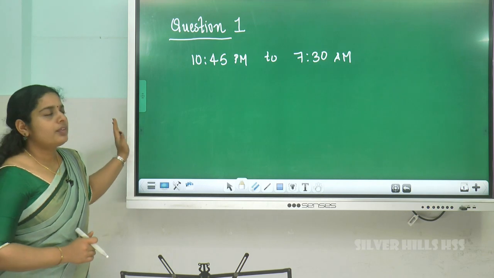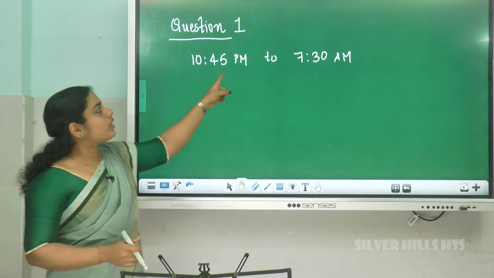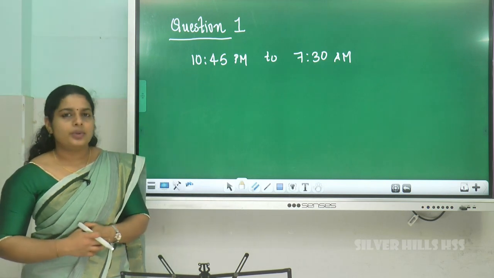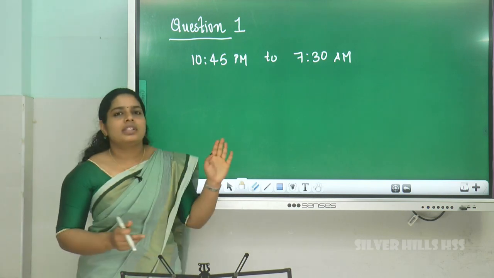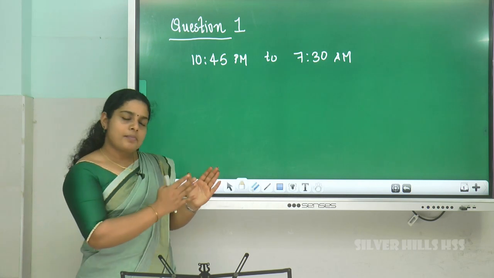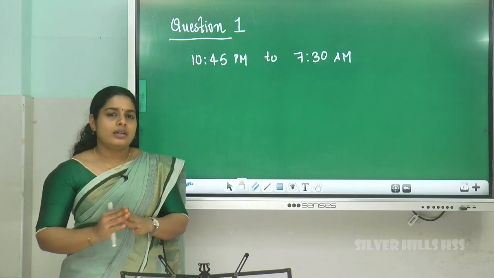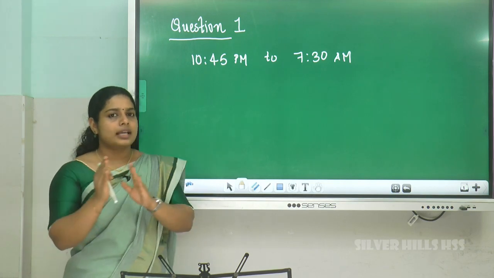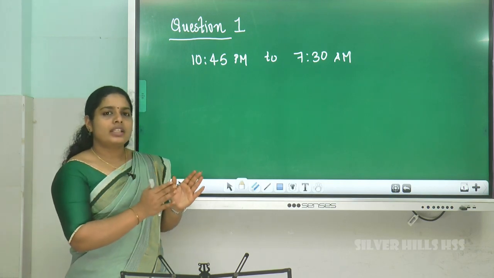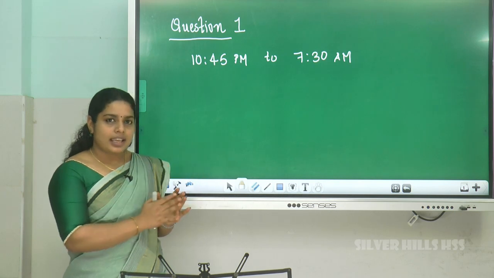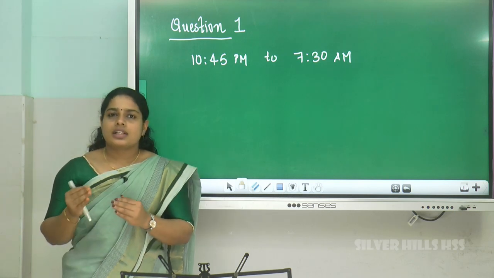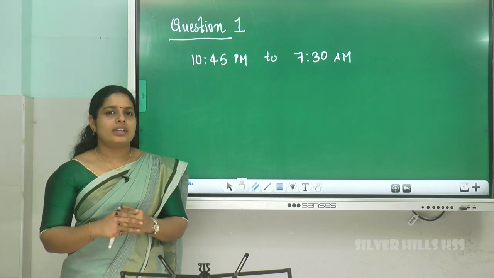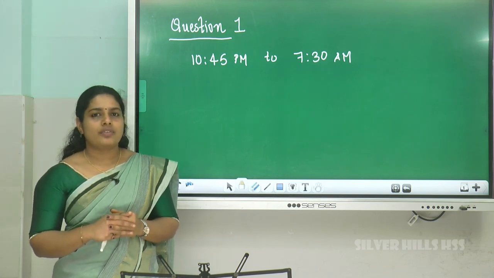That means, first we know that this is 10:45 p.m. and this is 7:30 a.m. So, first we will divide this into a.m. part and p.m. part. In order to avoid confusion, we will divide this into a.m. part and p.m. part. First we will find the total hours and minutes in the a.m. part. Then we will find the total hours and minutes in the p.m. part. Then we will add, so that we will get the total duration of time.